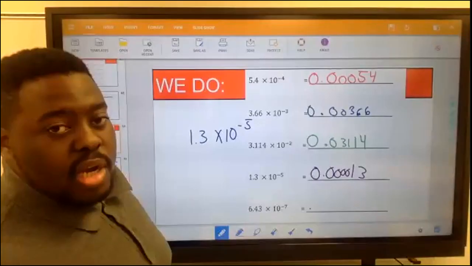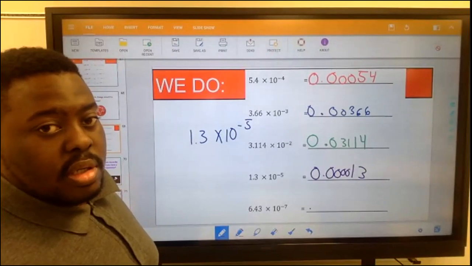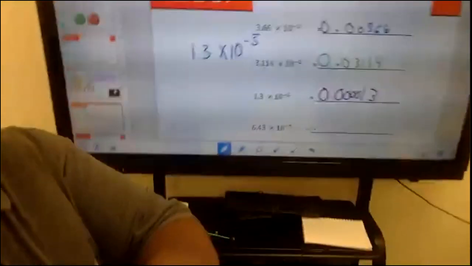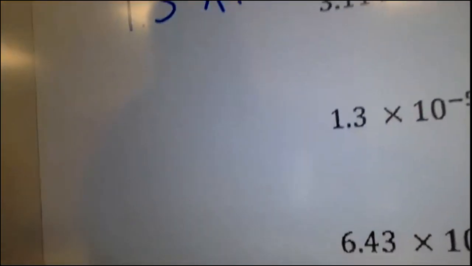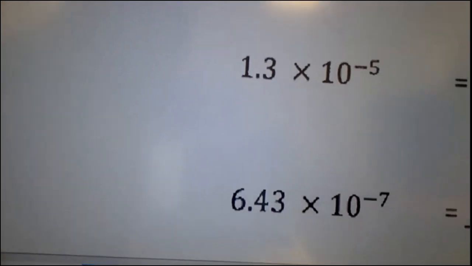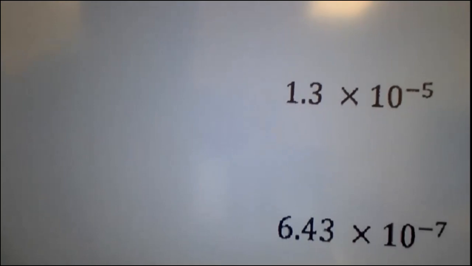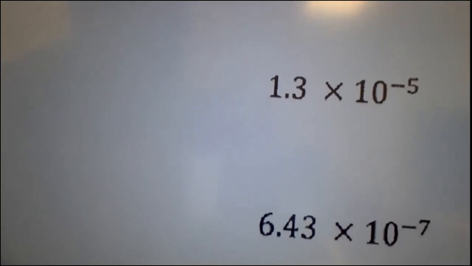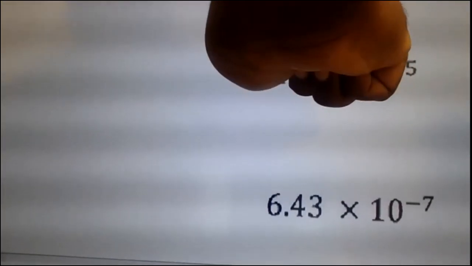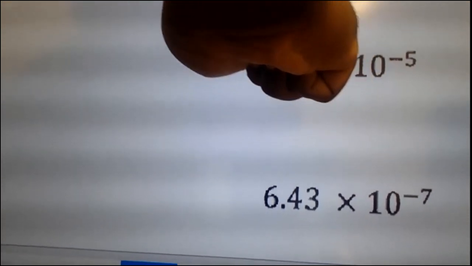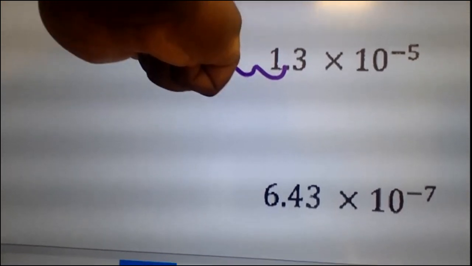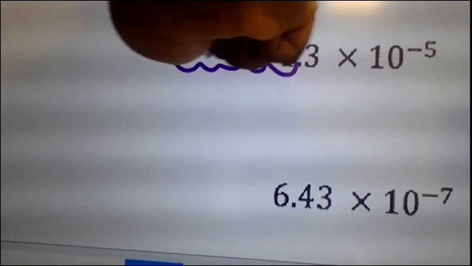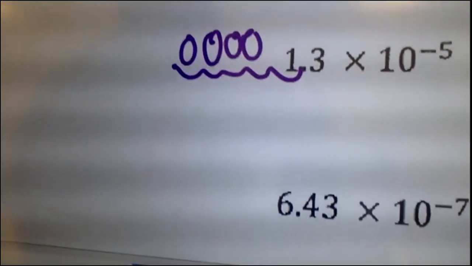In between what numbers? The decimal is between the 1 and the 3. So we have to start at the decimal and go 1, 2, 3, 4, 5. See that? All right, so start at the decimal always.